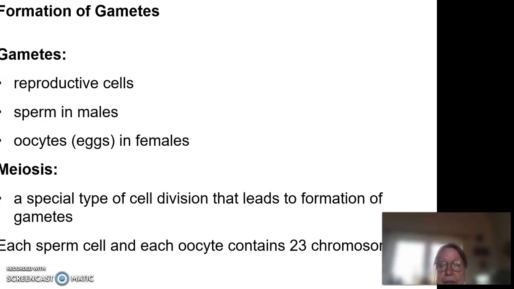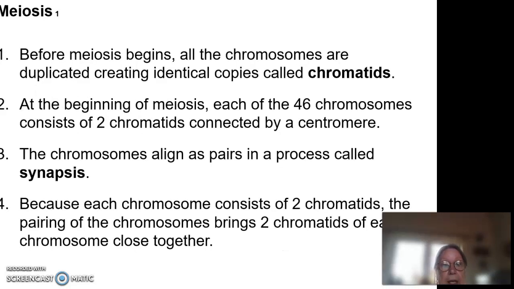It starts out with each sperm cell and each egg having 23 chromosomes, for a total of 46. Before the splitting begins, they're duplicated and are called chromatids.